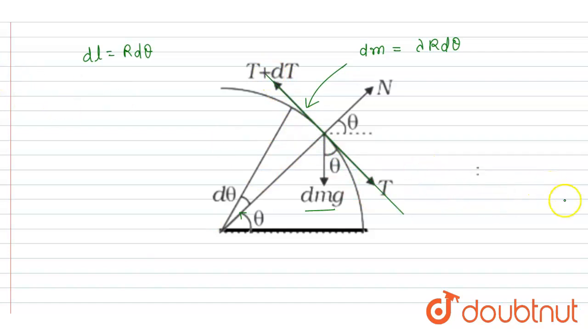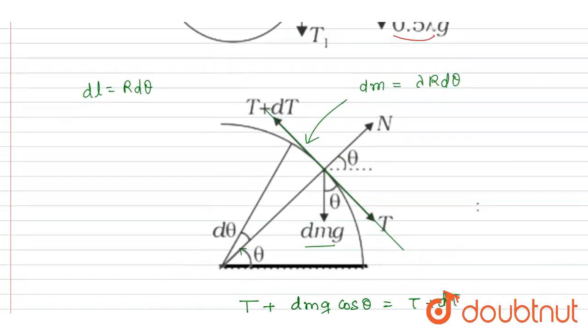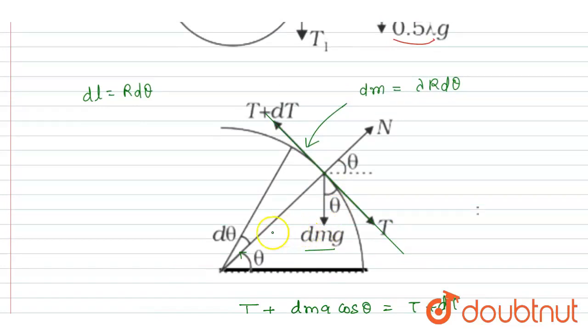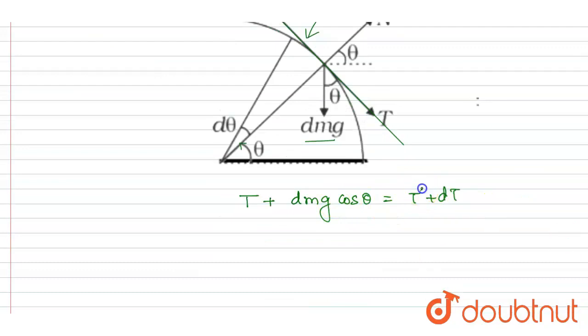So I will write T plus dmg cos theta is equal to T plus dT. Here the tension will be more, that's why dmg cos theta is being balanced. Now this T will get cancelled out and dT is equal to dmg cos theta.